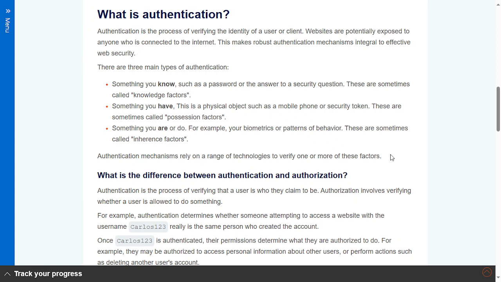These are sometimes called possession factors. And something you are or do. For example, your biometrics or patterns of behavior. These are sometimes called inherence factors. Authentication mechanisms rely on a range of technologies to verify one or more of these factors.